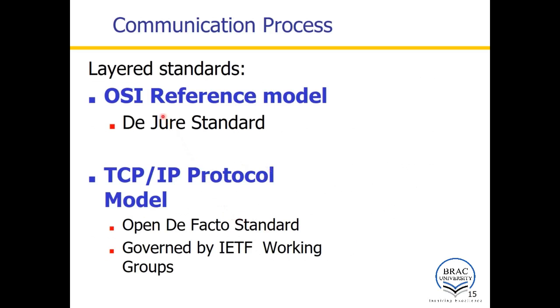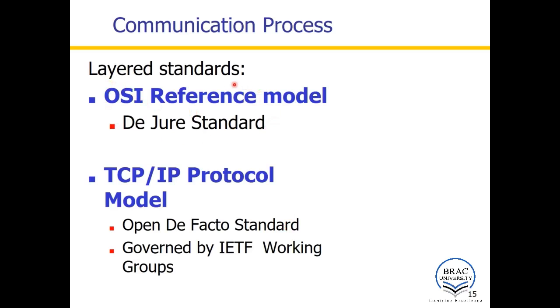Now that we understand what a layer is, we can take a look at two different models. The first one is the OSI reference model and the second one is the TCP/IP model. The OSI model follows the de jure standards, and the TCP/IP model involves the de facto standards.